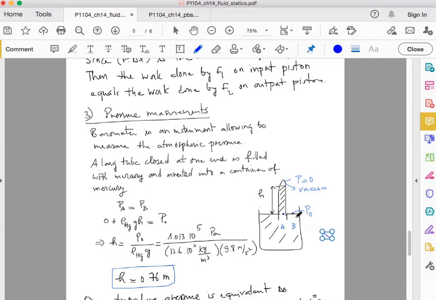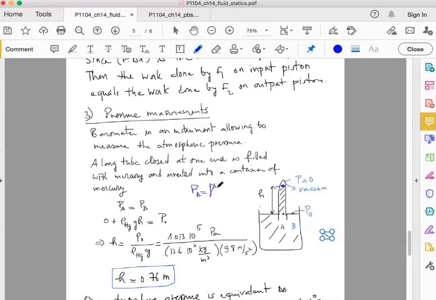Okay, let's do it. Since these two points PA and PB are at the same level, we can write PA is equal to PB. But now let's check what PA and PB are. PB is the atmospheric pressure that we are looking at, that we call P0 or P naught. And what is the pressure at A? According to the fundamental relation of hydrostatics, the pressure at point A is given by the pressure at the top point, which is 0.